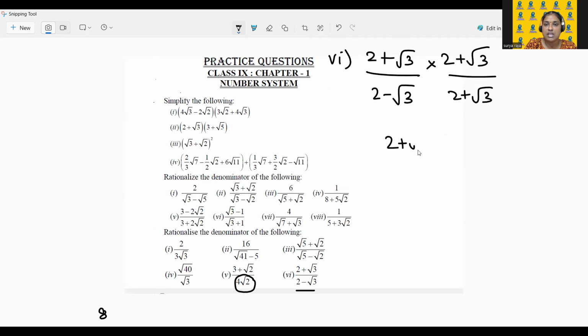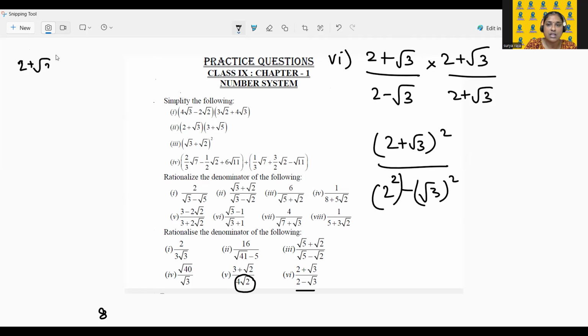Now a plus b the whole square and a square minus b square, which is a plus b into a minus b. So 2 plus root 3 the whole square would be a square plus 2 times a times b plus b square.